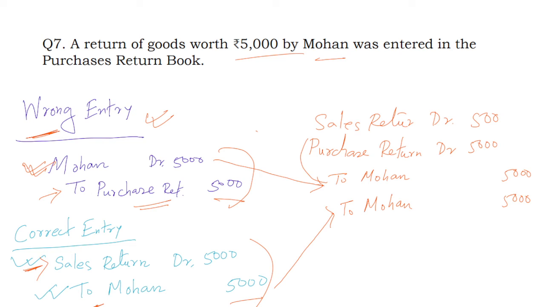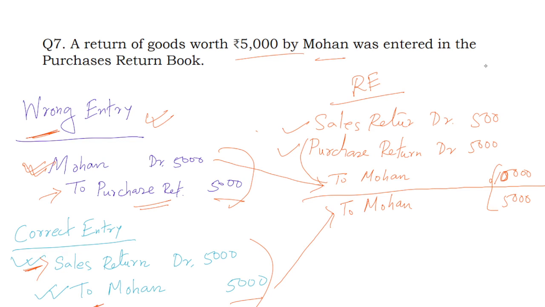Okay, by combining the entries you will get the correction entries. This is the rectification entry. So how can you write this? Sales return debit, purchase return debit to Mohan. We can write Mohan together by not writing this twice. We can directly write Mohan once and post 10,000 here directly.